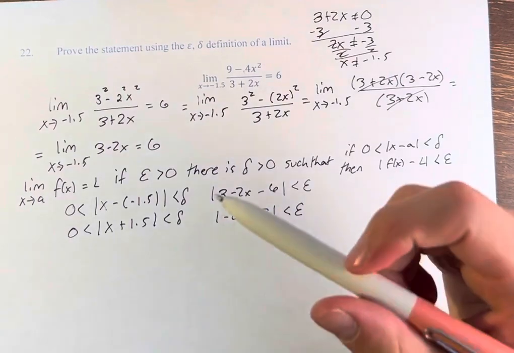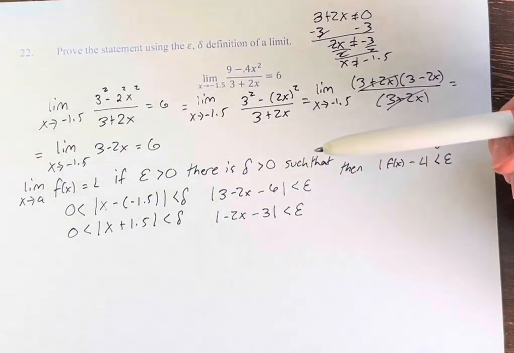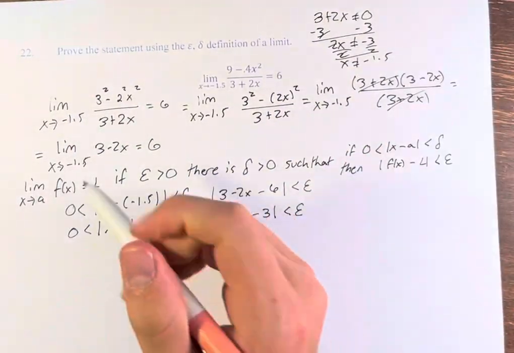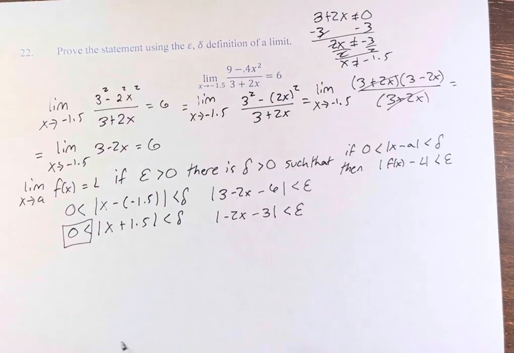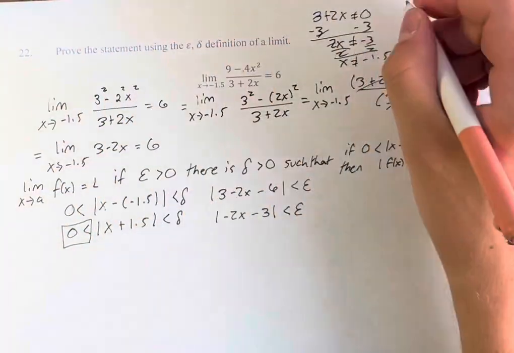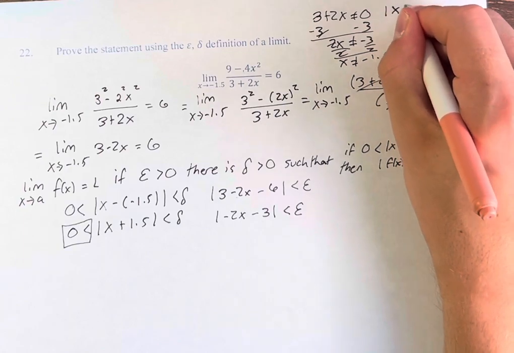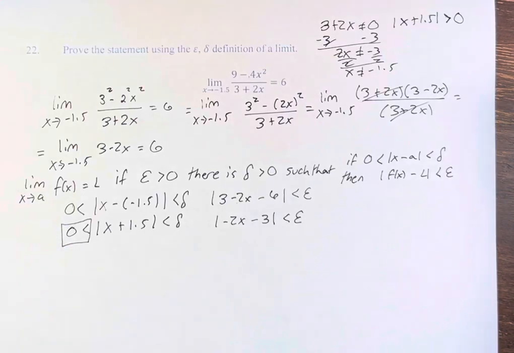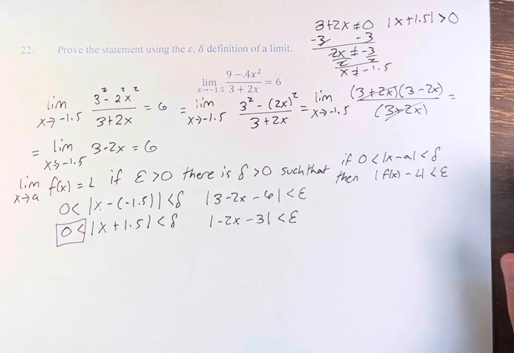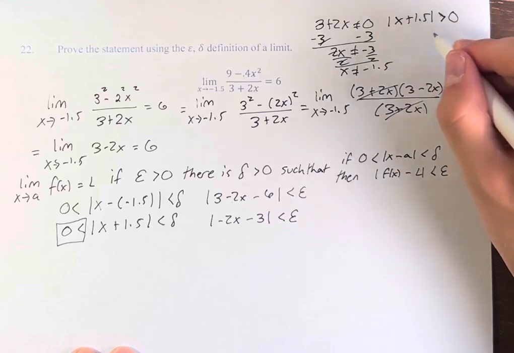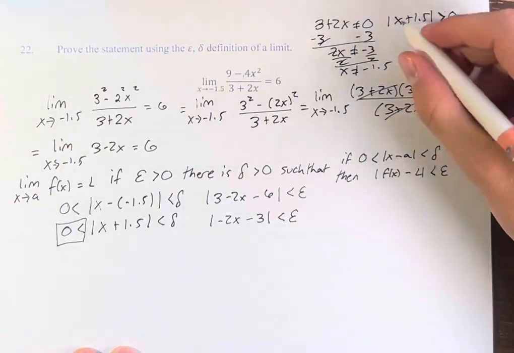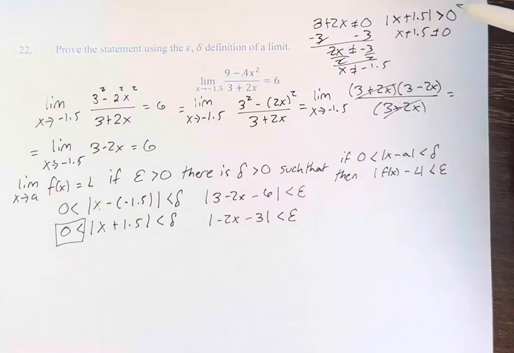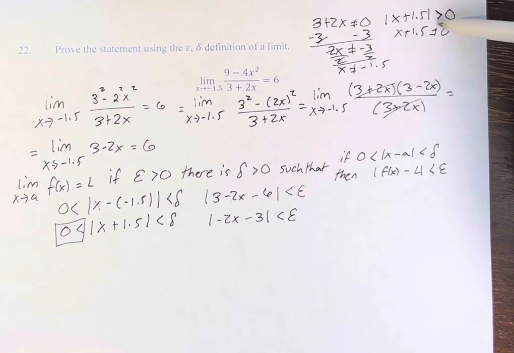So to get a relationship between delta and epsilon, what we need to do is get these inequalities to match. Currently this is a double inequality, and this is a single inequality. So we have to get rid of this part. If we're saying that the absolute value of x plus 1.5 is greater than 0, then this is only telling us that x plus 1.5 is not equal to 0, because the implied part of this is that it's not equal to 0 and it's not equal to any of the negative numbers.